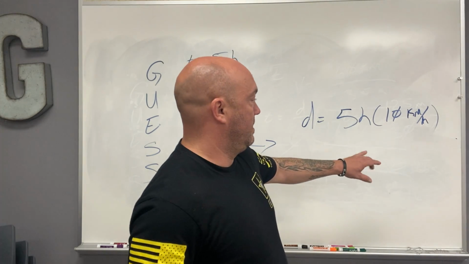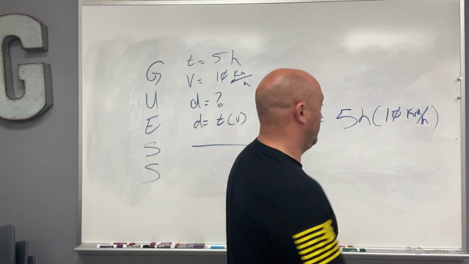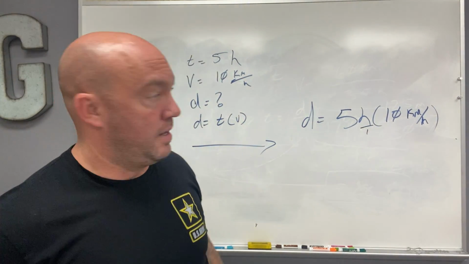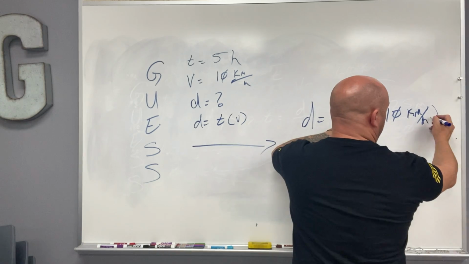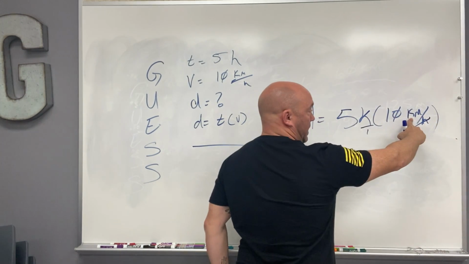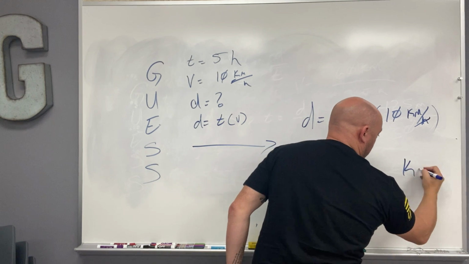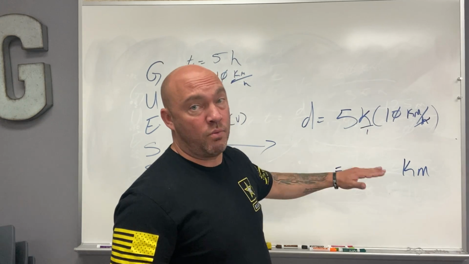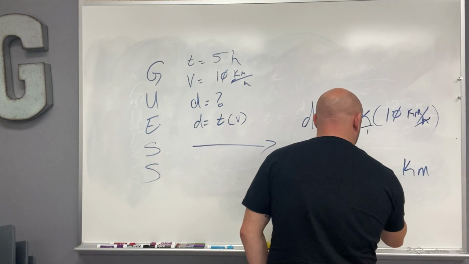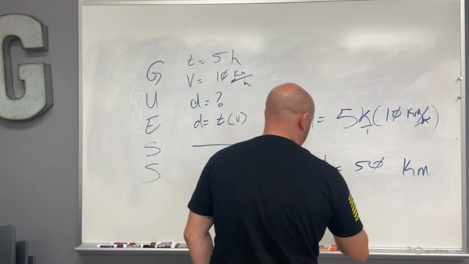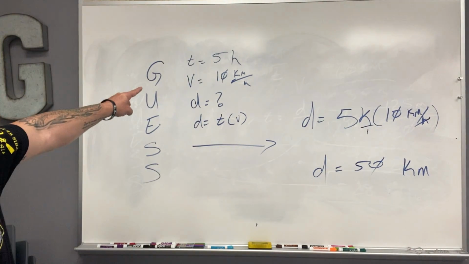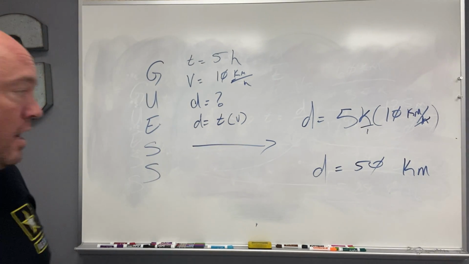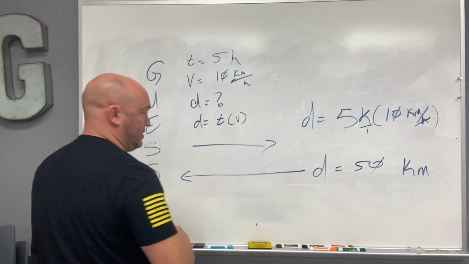Now, if you see hour, we understand that if I did that in fraction format, that's h over 1. This h and this h eliminate each other out, leaving what unit for me? km. Distance is going to be meters, kilometers, so far I'm on the right path. 5 times 10 is 50 kilometers. Meaning, if he is traveling for 5 hours at 10 kilometers per hour, he is going to go a total of 50 kilometers. And there is my answer.